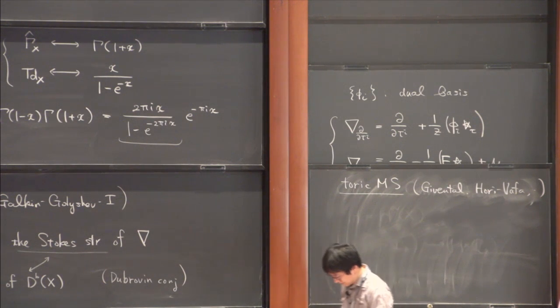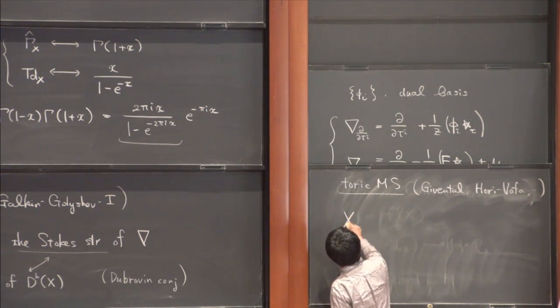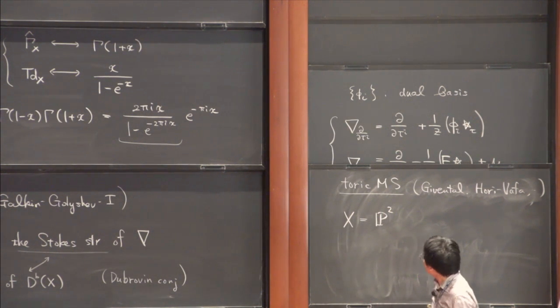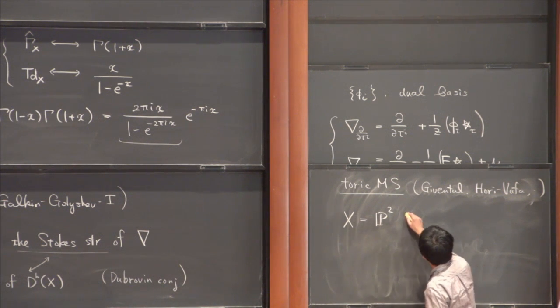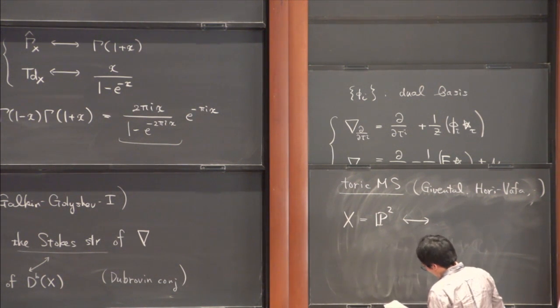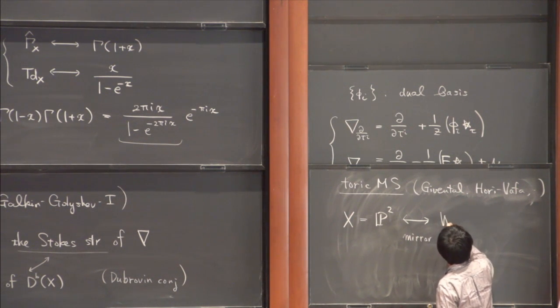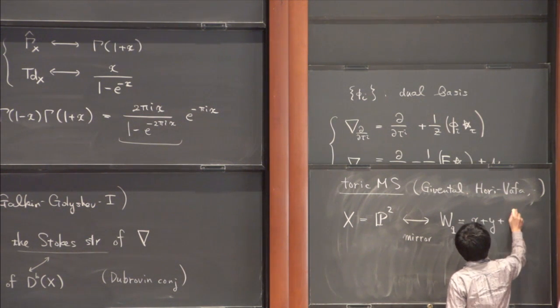For example, we consider X equals P2. This is the simplest example. Maybe P1 is simpler, but P2 is the second simplest one. And this is mirror to W, which I denote by W sub q, which is x plus y plus q over xy.